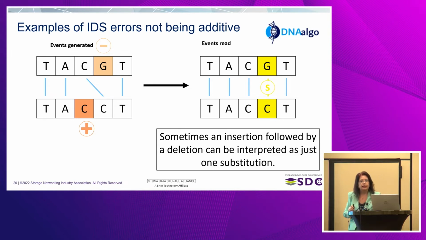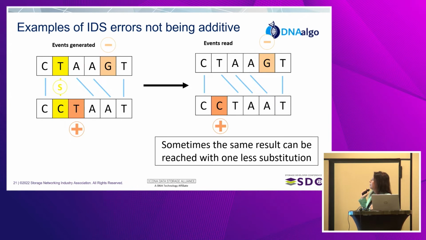So not only can the errors cancel each other, but the path to reach from one strand to another may be different and may involve different kinds of errors. In reality, we didn't have a substitution, but at the end, we just had a substitution, which is a different kind of error. Here we have another example where basically 3 errors occurred, a deletion of a G, an insertion of a T, and a substitution.